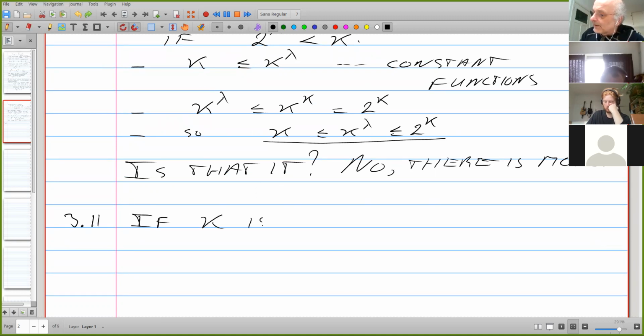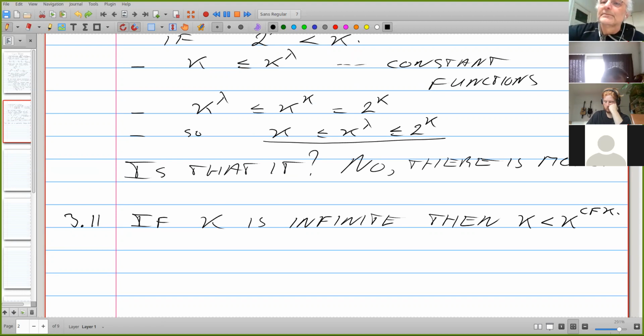If kappa is infinite, then kappa is strictly less than kappa to the power cofinality of kappa. So the cofinality of kappa will turn out to be some kind of breaking point, some transition point in this whole story.